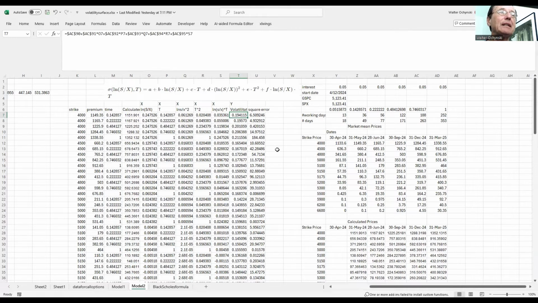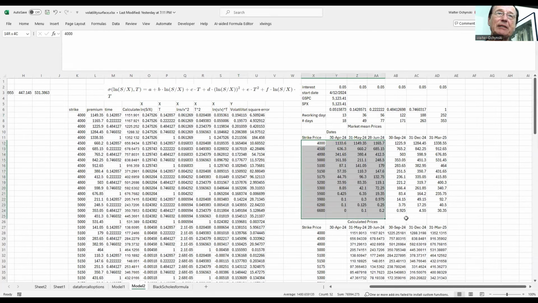And how we do that: I get my data from Yahoo, more or less in this form. So you see I have the strike price 4,000, and then I have various maturities. I have to change these columns to rows, and now I have all the 4,000 strike prices in one column, and I have to follow with the prices which I had here in one row.